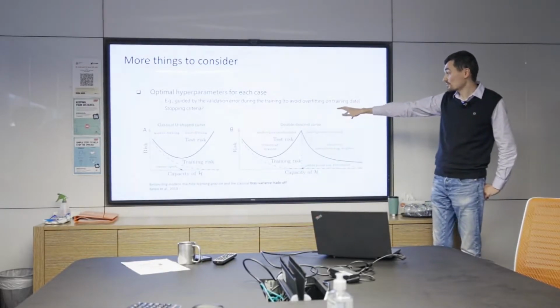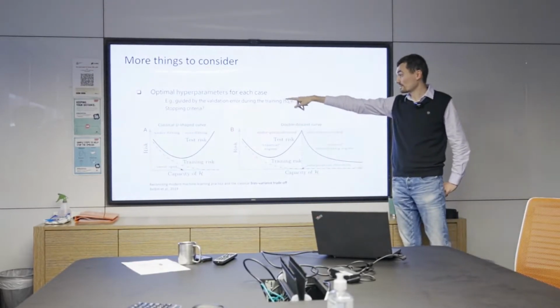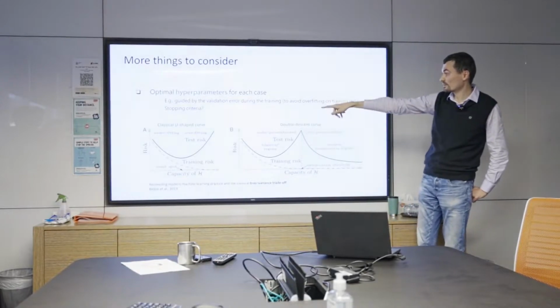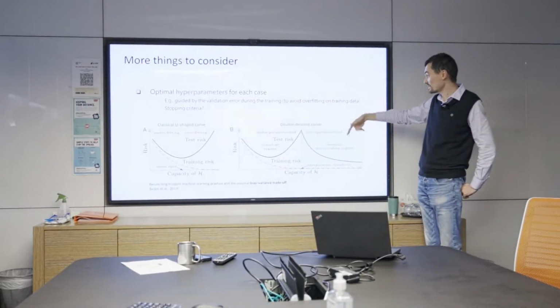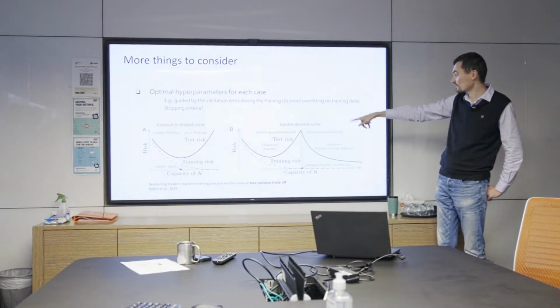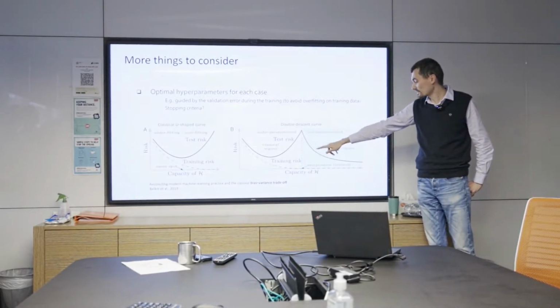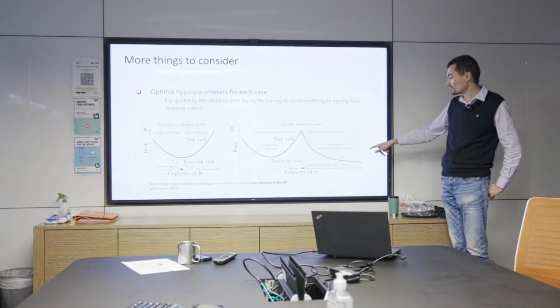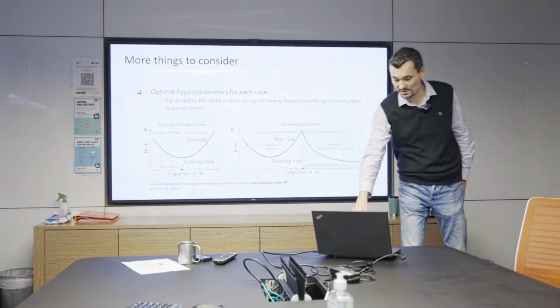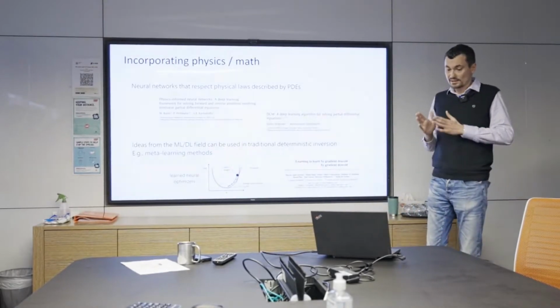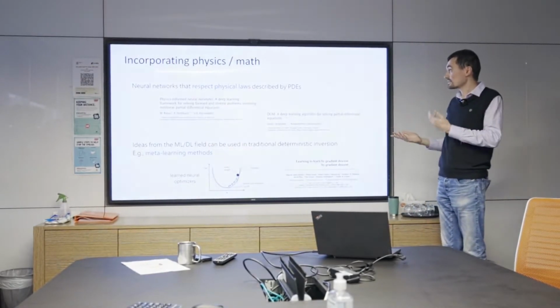Recent studies show that instead of the traditional parabolic shape of underfitting and overfitting, in some cases people see this double descent curve in terms of accuracy. And this is a zone of zero training risk, zero training error, but actually your validation error also becomes smaller, something to consider. Some people incorporate physics and math in their problems.